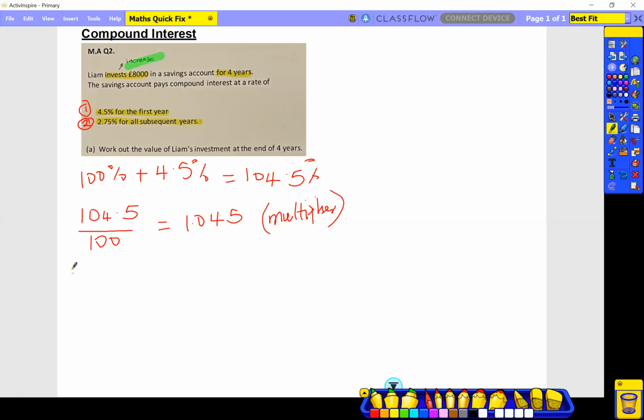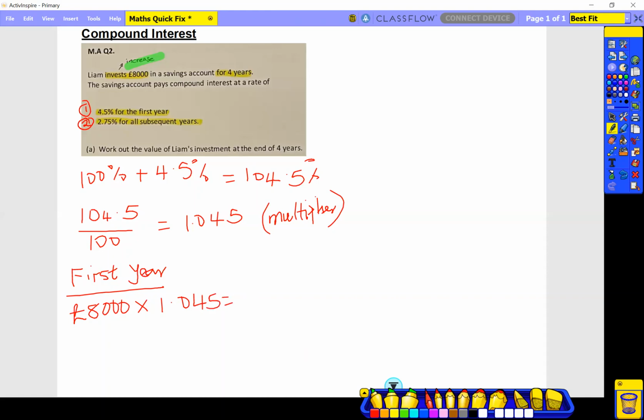Okay, so for year 1, let's call it the first year, it will be £8,000 times by the multiplier 1.045.